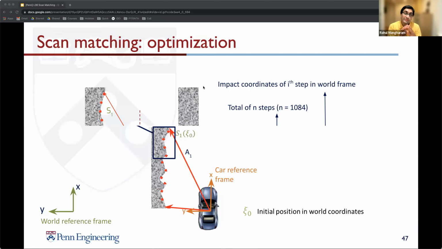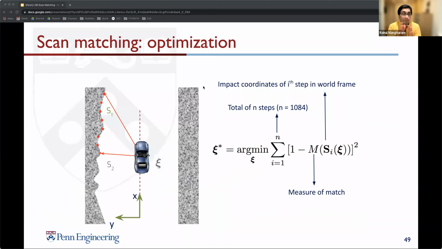That's the impact point of step i with an obstacle or the wall in this case. M returns the match of Si of psi with the previous scene. A match of 1 means a perfect match. Since we have n equal to, say, over 1080 steps, we sum over all of these n steps.